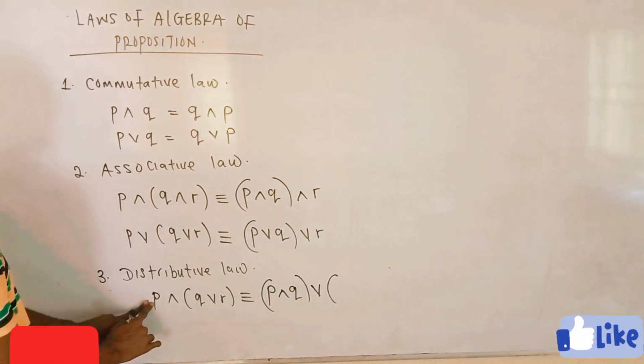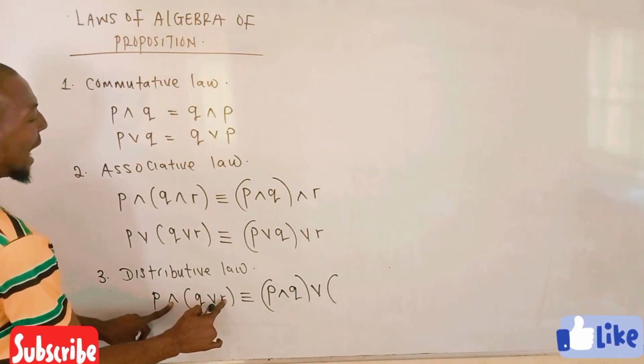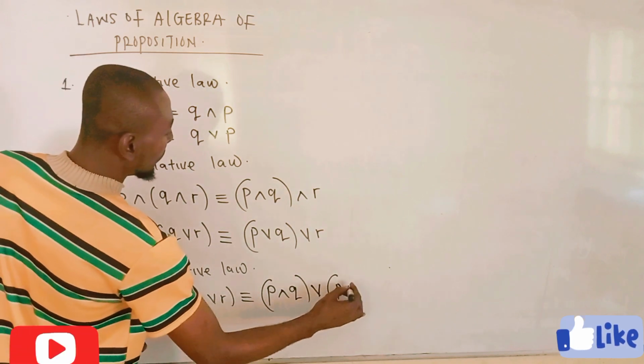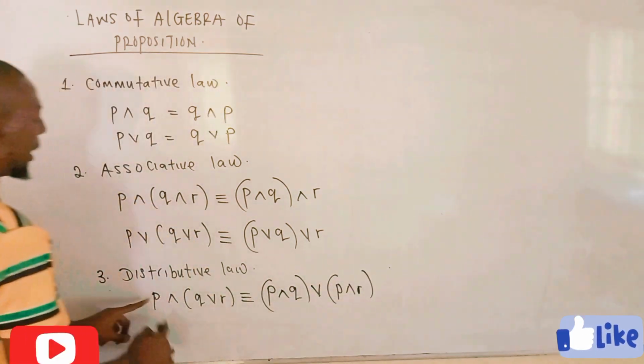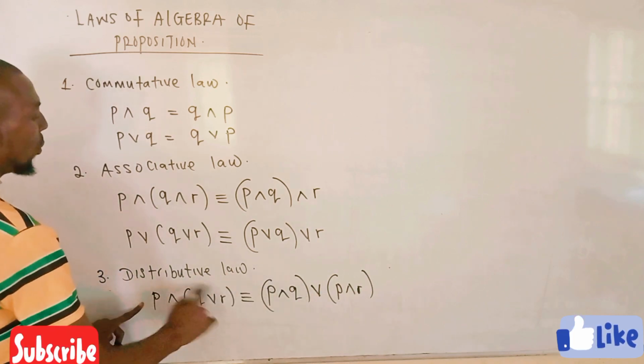Back again, P and we now take R. So we have (P and Q) or (P and R).